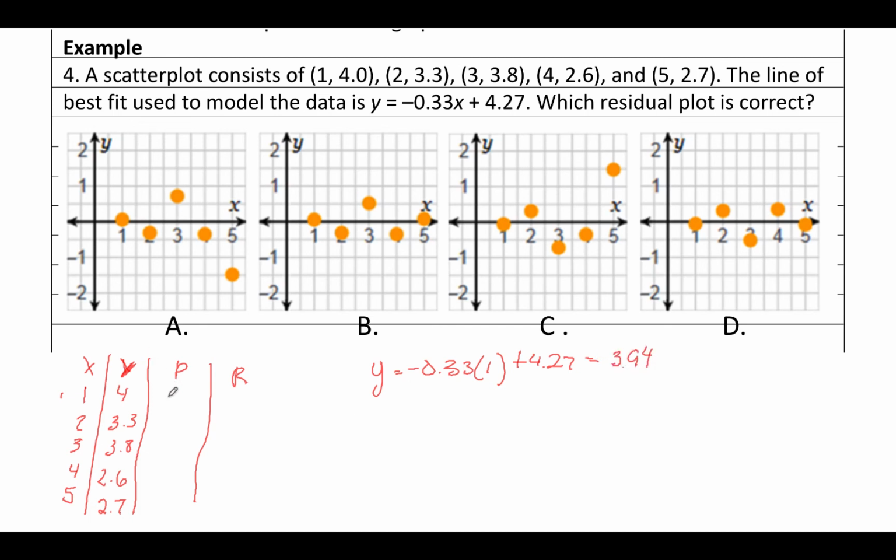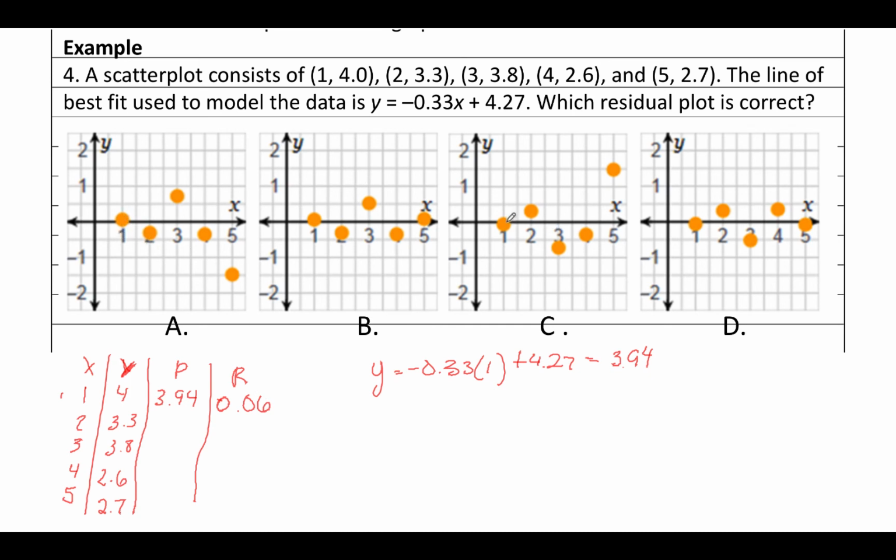So my predicted value is 3.94. Then I'm going to take 4 minus 3.94, and I'm going to get 0.06. Okay, so at 1, we're going to be at 0.06.